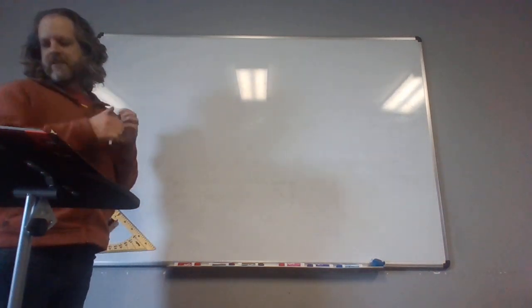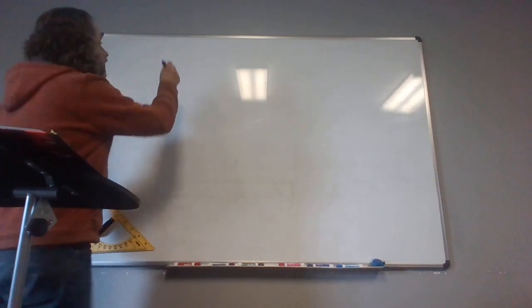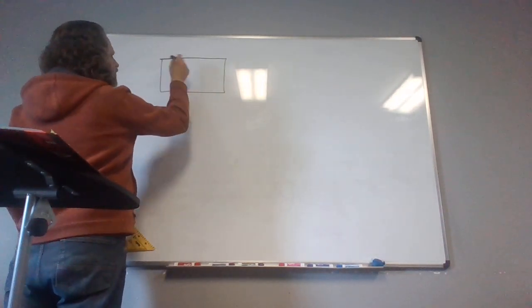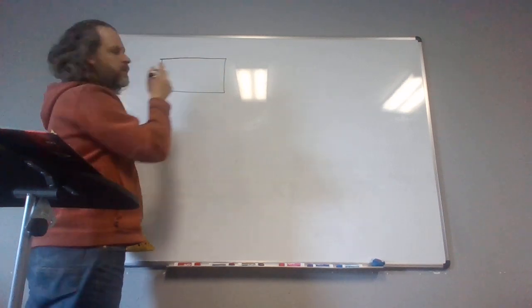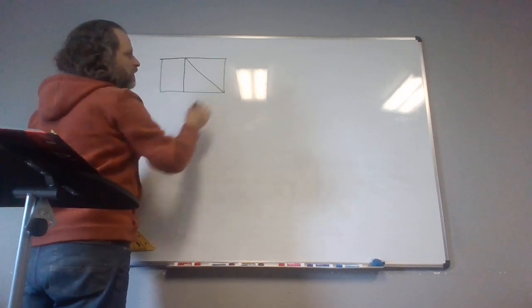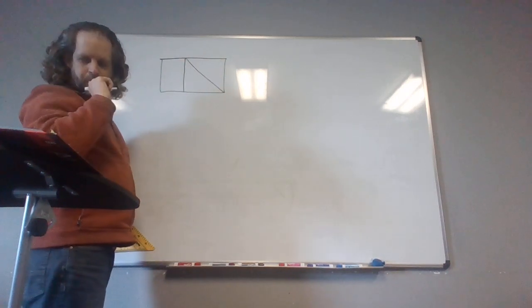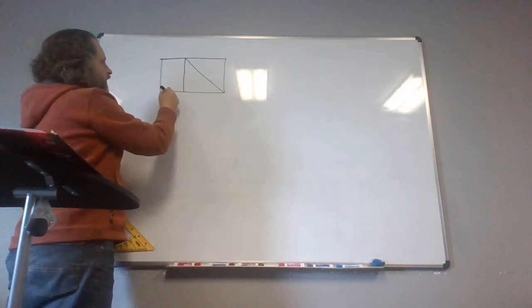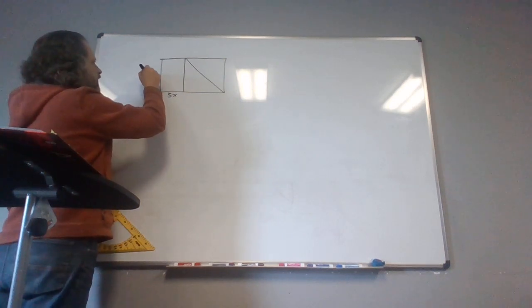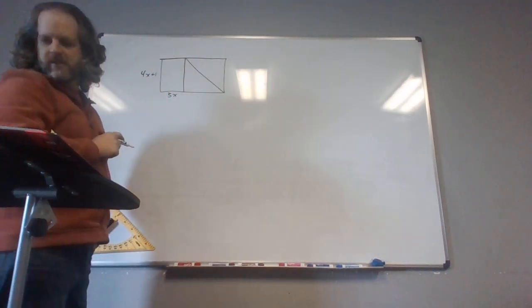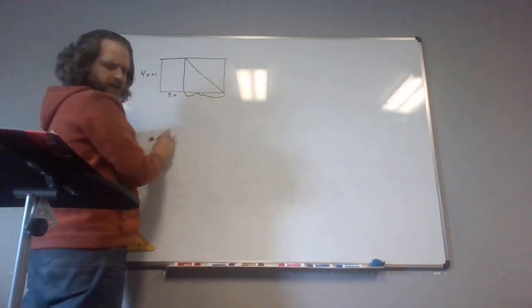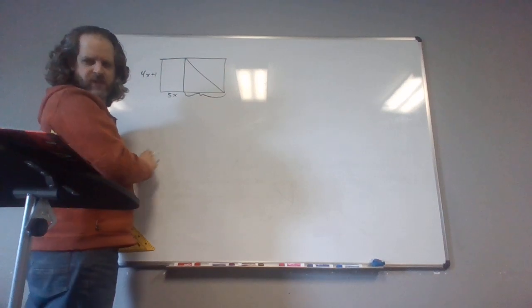So we've got this compound figure. We've got a rectangle with an inscribed triangle that looks more or less like this. And then we have this labeled 5x, this labeled 4x plus 1, and this labeled as 2x minus 3.